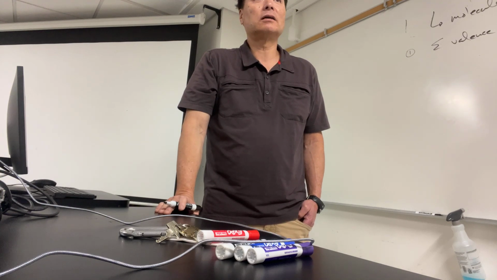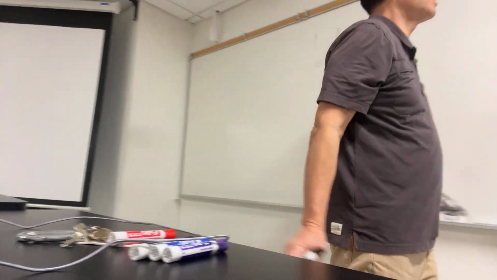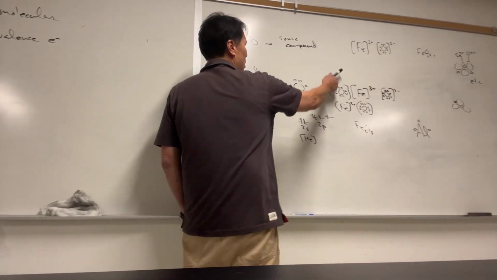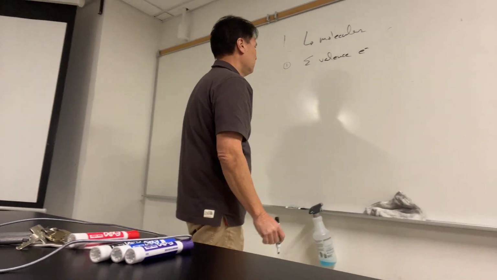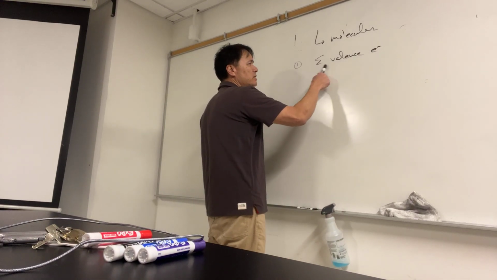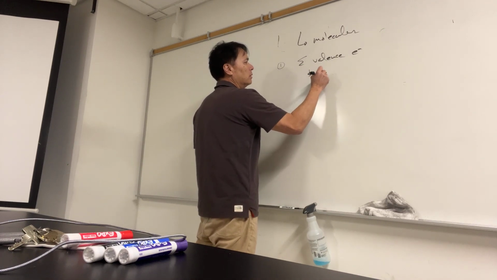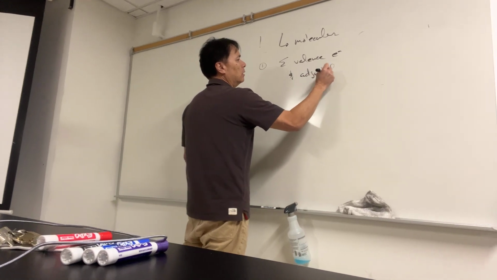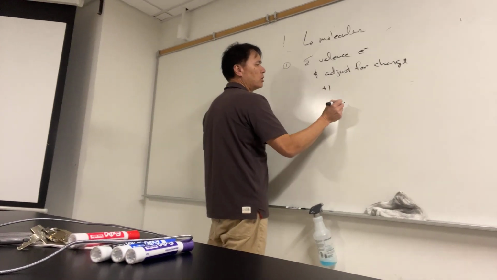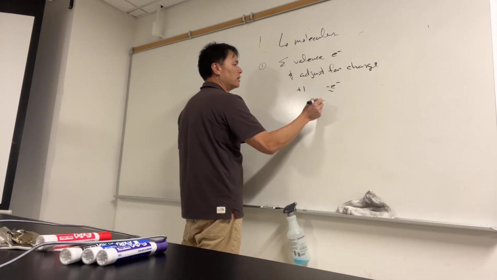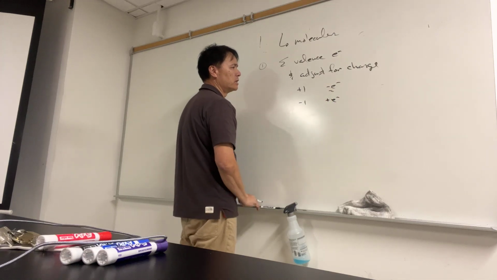They can in Chem 1B, but in Chem 1B we'll just draw them without anything around them. So we sum up the valence electrons and adjust for charge. If we have a +1 charge, then that means we have to lose 1 electron. If we have a -1 charge, that means we have an extra electron for each negative.